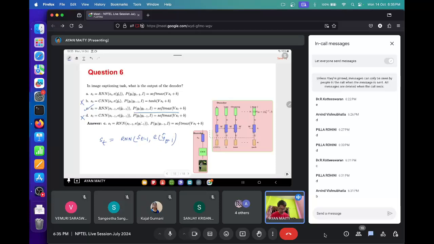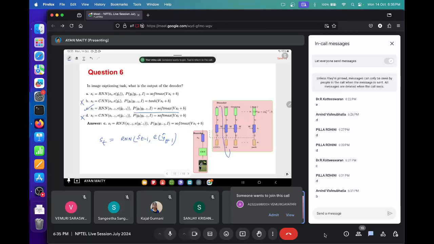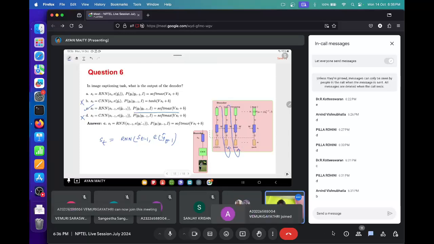For example, this 'A' is the output of the first time step, so this goes as input to the next time step. Similarly, 'man' goes as input to the next time step. So the input to time step t is the output of time step t minus 1. That is why the input is E of YT minus 1 hat, which is the output of the previous time step.